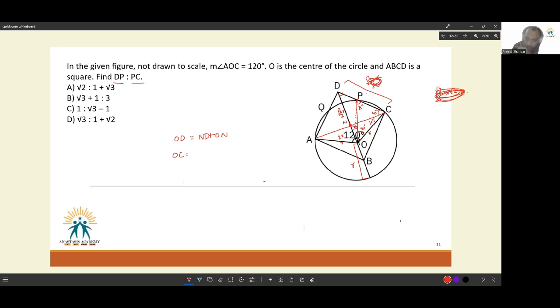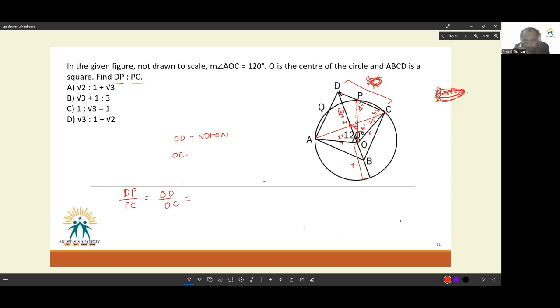Okay. Now OP and OC in this triangle, this is 75, this is 75. In DOC, OP will be the angle bisector. If OP is the angle bisector, because 75 plus 45 plus 60, this is the angle bisector, DP is to PC. I think I'm on track. DP is to PC is equal to OD by OC.